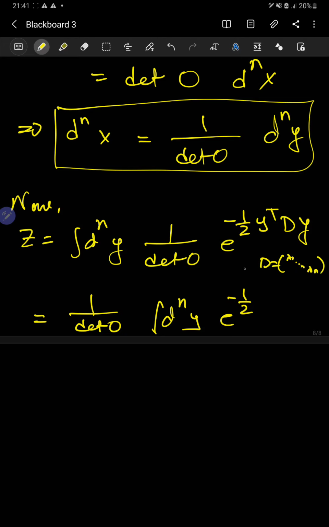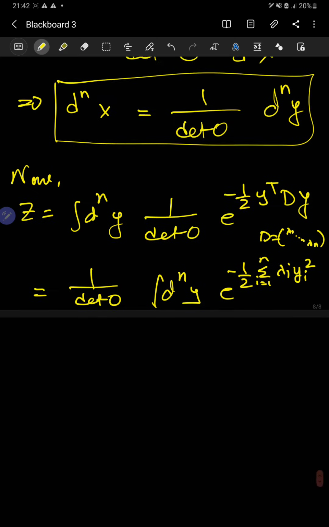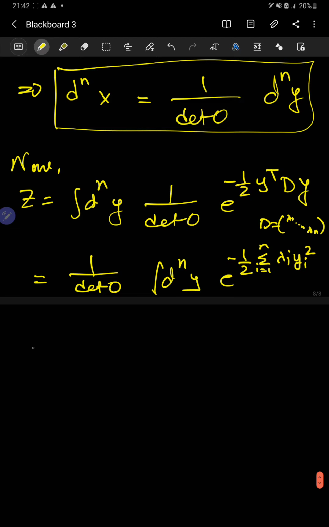So if you multiply it out, you will get the sum from i equals 1 to n, where n is the number of eigenvalues, the dimension, of lambda_i y_i squared. The y_i are the elements of the vectors. If you're still confused about how we arrived from here to here, just try multiplying them. If you multiply them, you can easily arrive there.